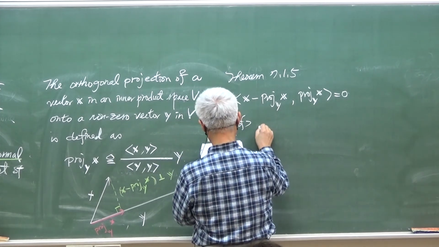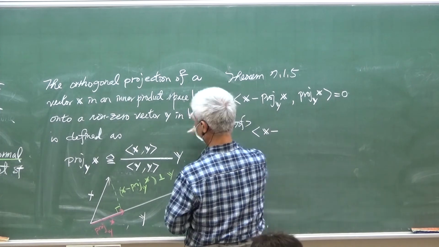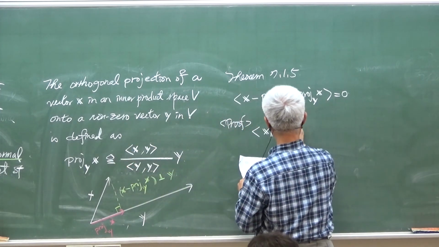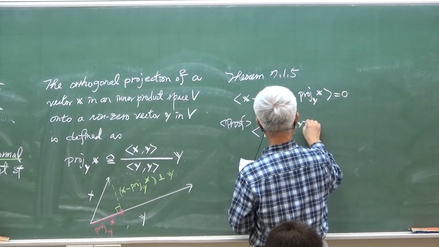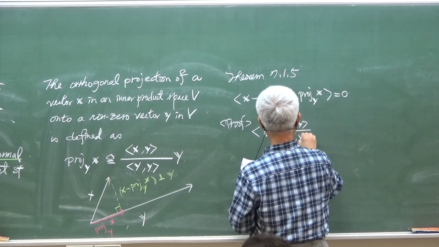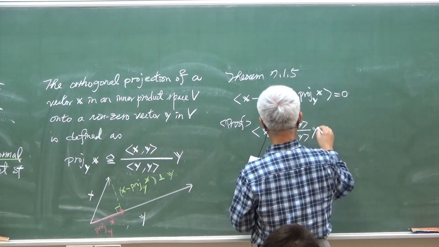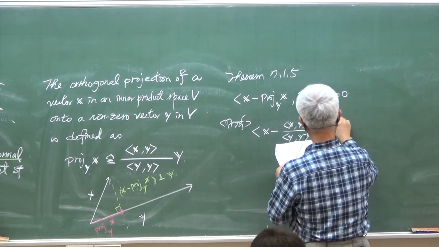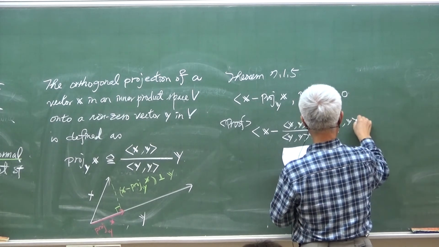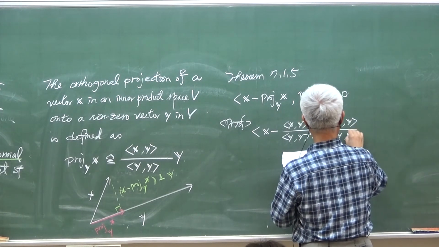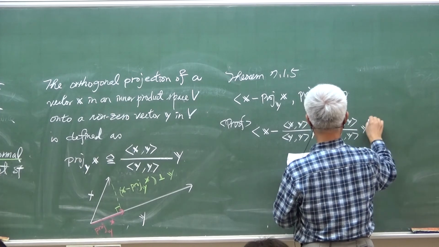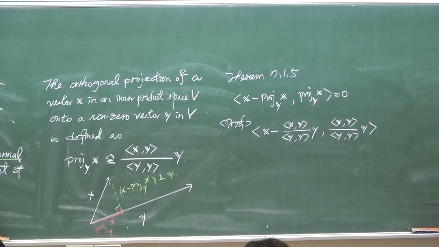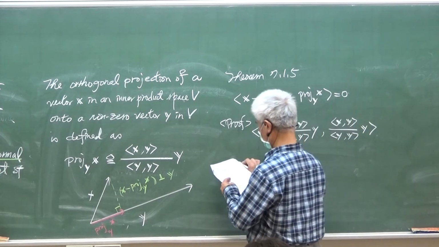Okay, so now, by definition, the projection is the inner product of x and y over the inner product of y and y, times y.